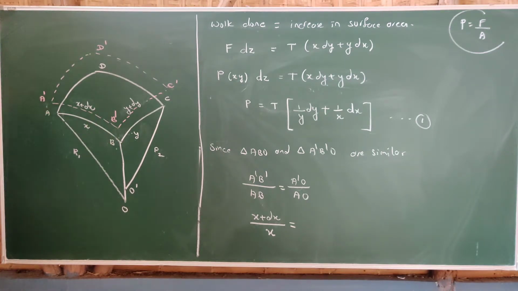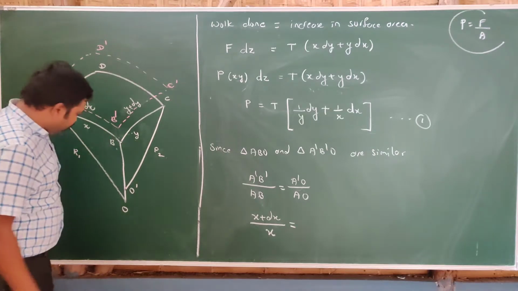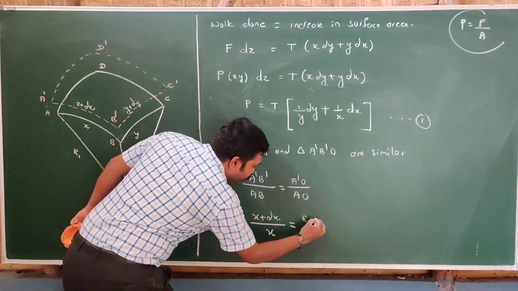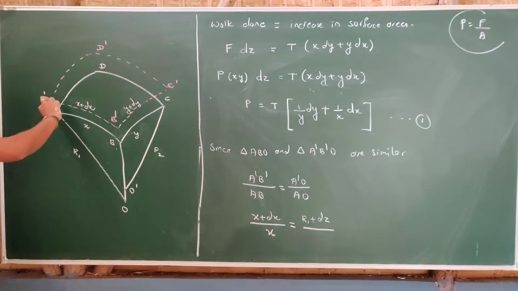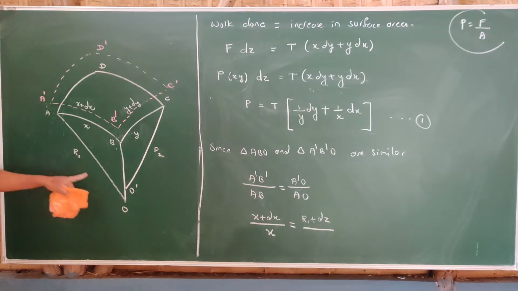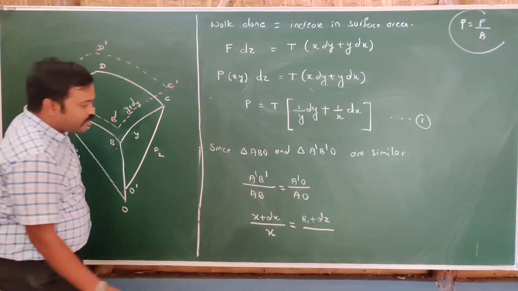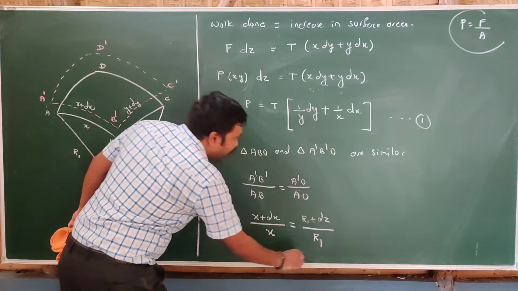So A dash O is R1 plus dz. Why dz? Because this distance is equal to this distance. A dash O divided by AO, and AO is R1.